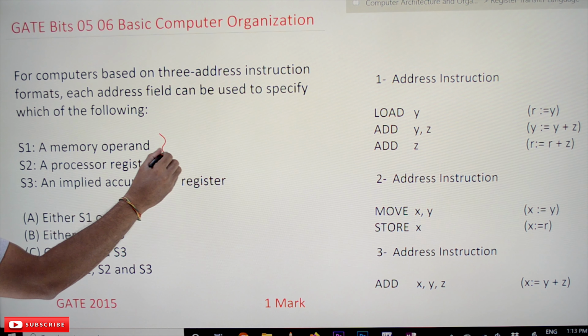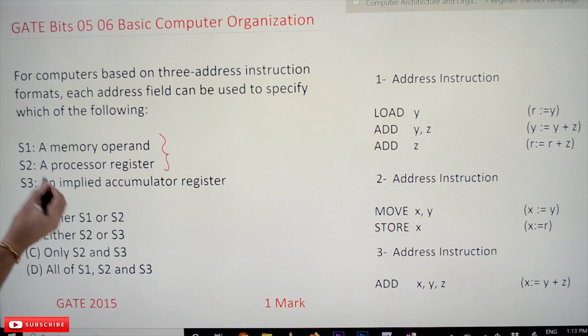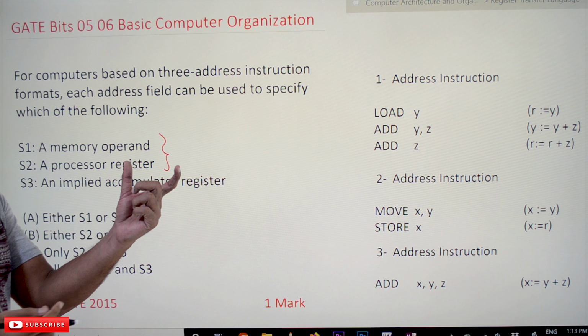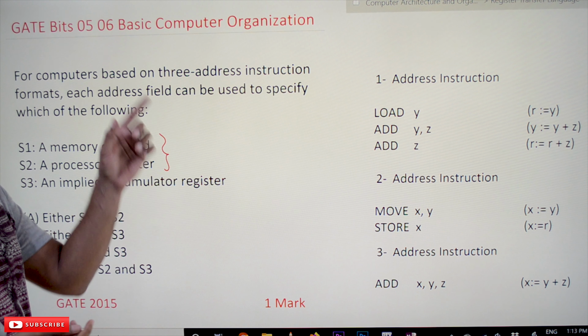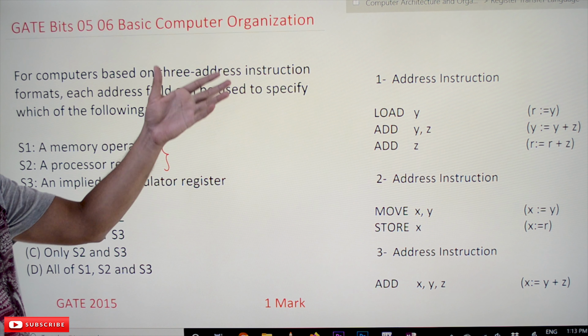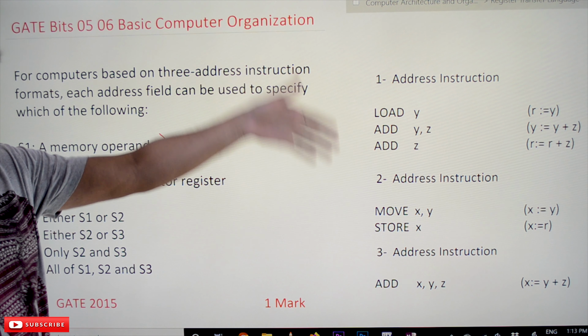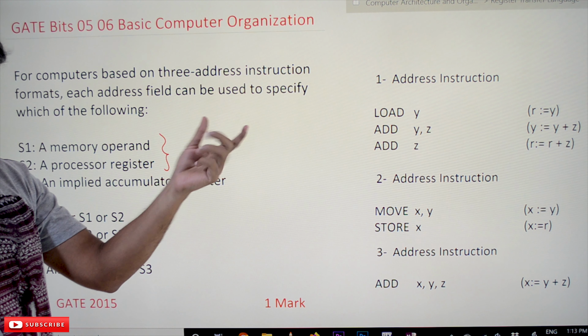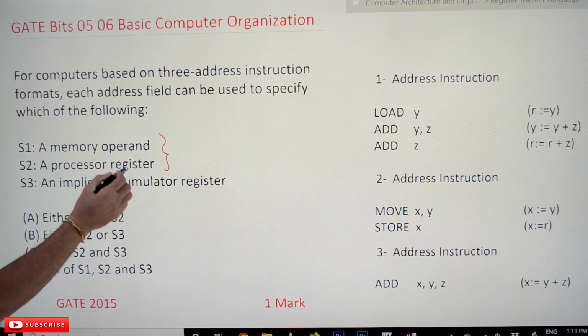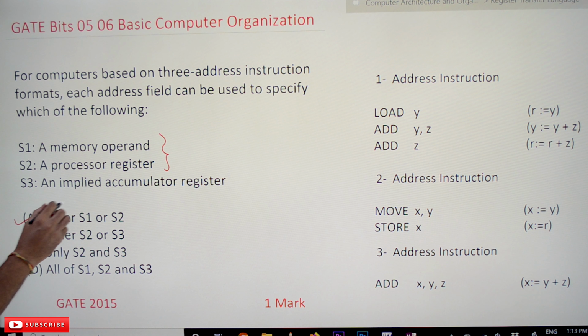These 2 values can be a memory operand or a processor register address. So for 3 address instructions, the values that can be assigned for those 3 addresses can be a memory operand or a processor register. So the answer is A.